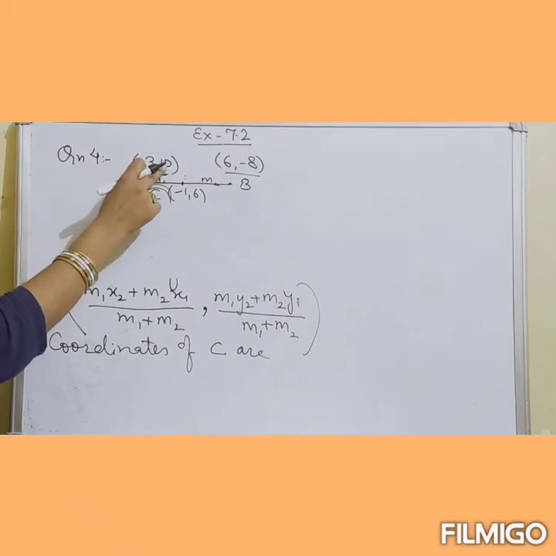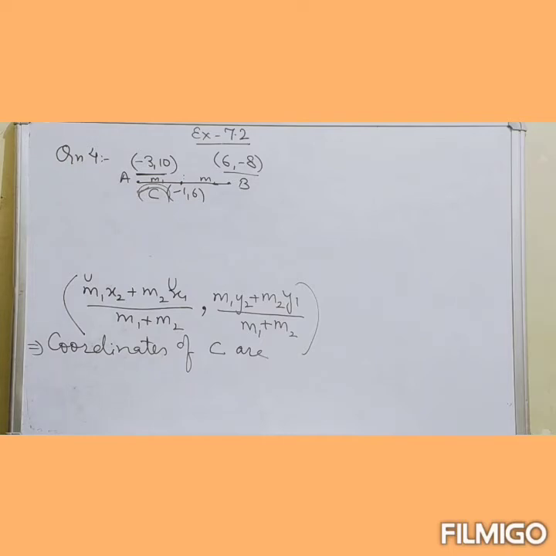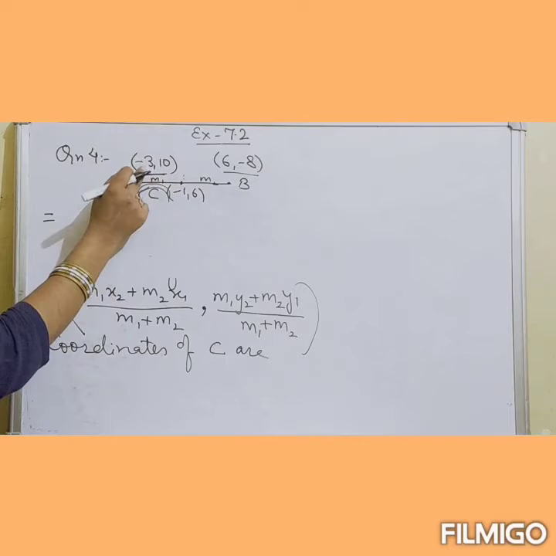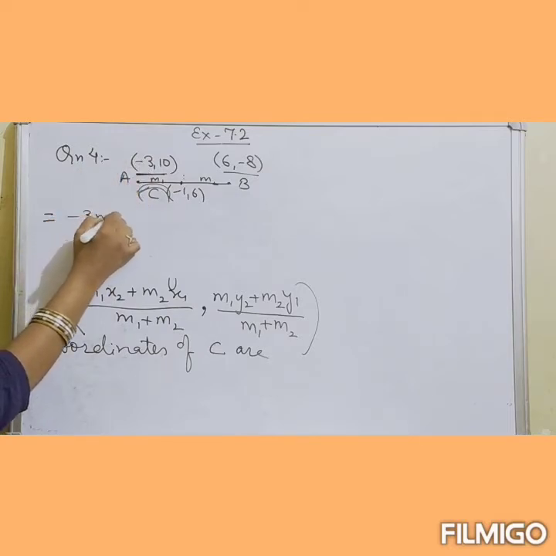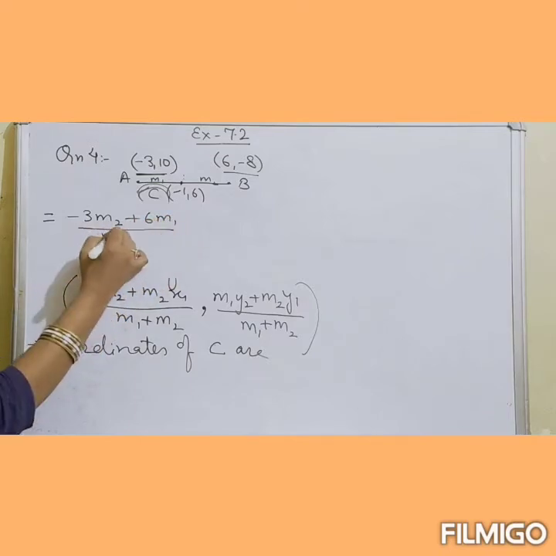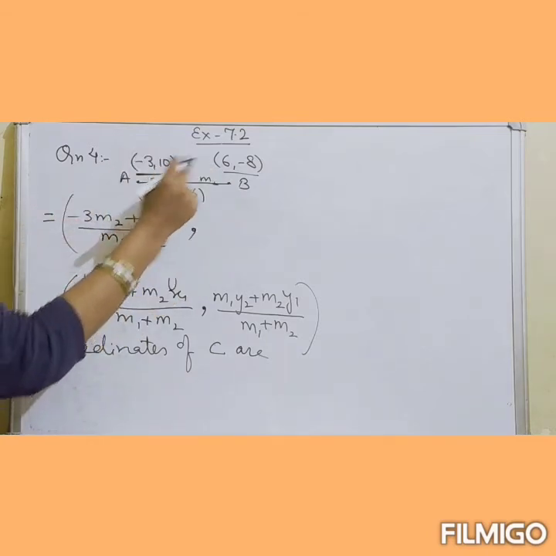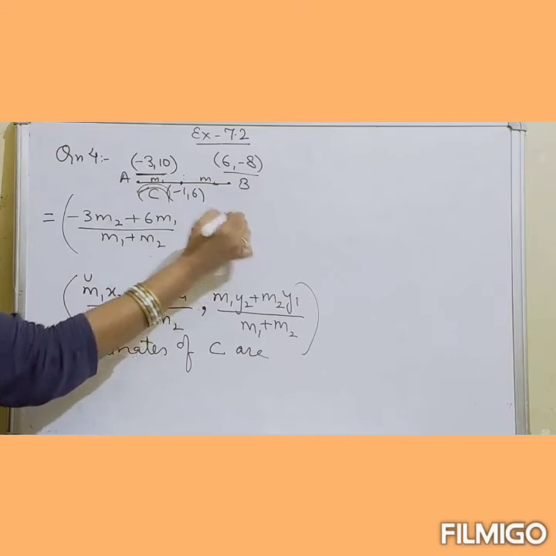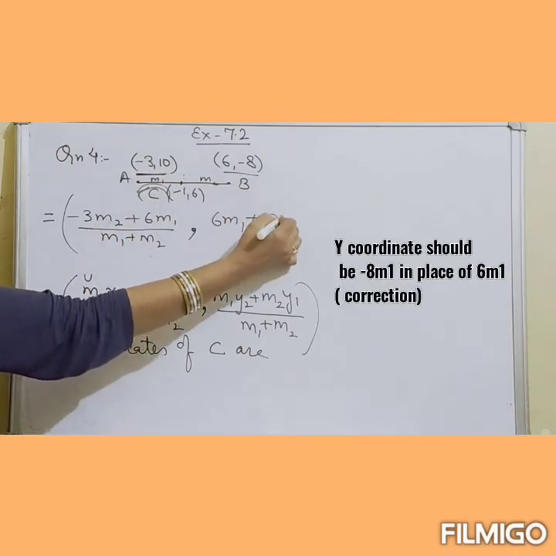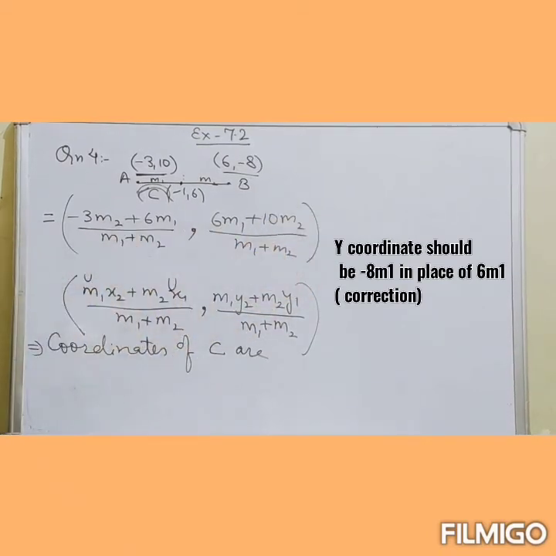So if this is x1, y1, x2, y2, ratio is m1, m2, the coordinate C will be equal to m2 into minus 3, that means minus 3 m2 plus 6 m1 upon m1 plus m2. And in the same way, if I apply this for the y coordinate, I'll get m1 into 6, that is 6 m1 plus 10 m2 and divide by m1 plus m2.